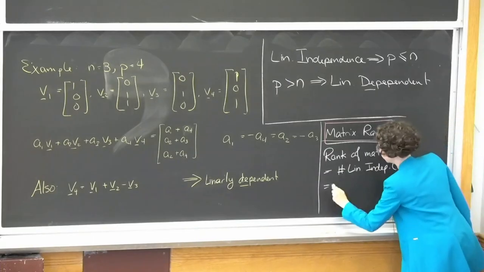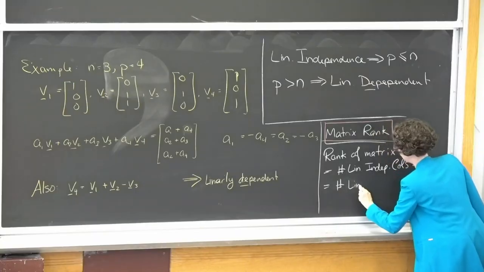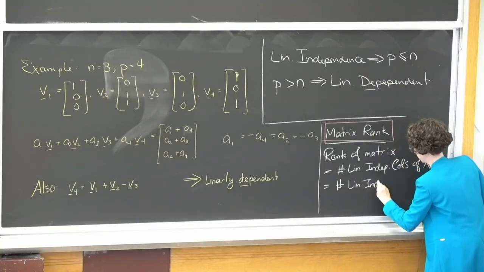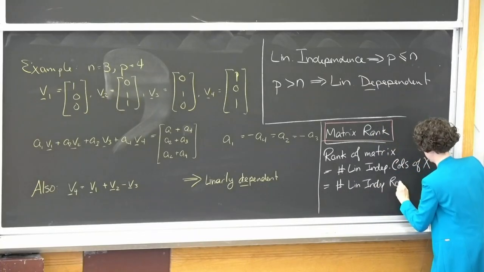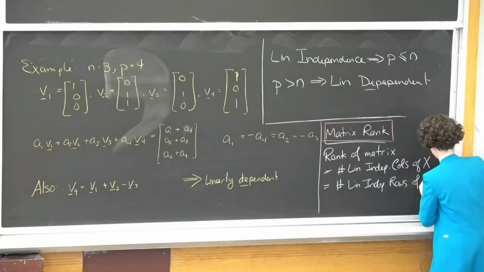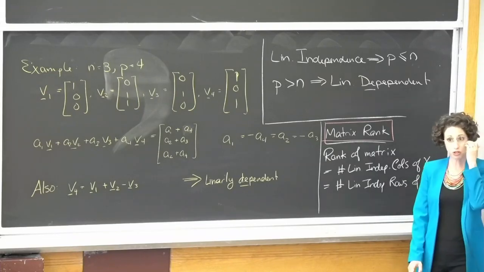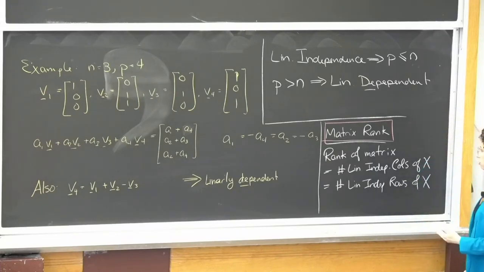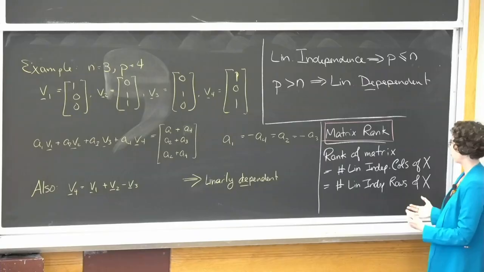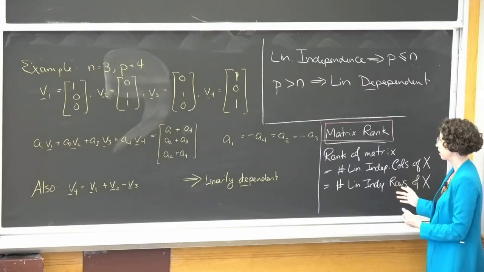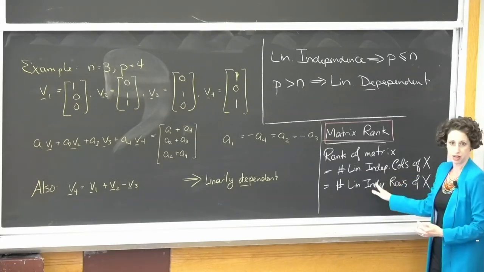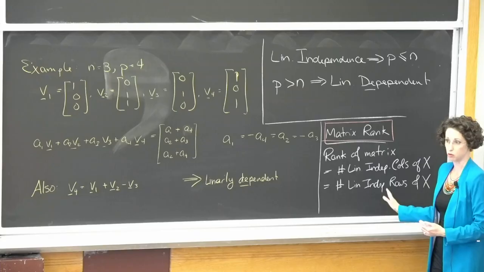And that is equal to the number of linearly independent rows of X. They're the same thing. Now, this notion of matrix rank is something that's going to show up throughout this course, and we're going to see it from multiple different perspectives. We're going to see different ways of thinking about the matrix rank. But for now, we can think about it simply as this number of linearly independent columns or rows.